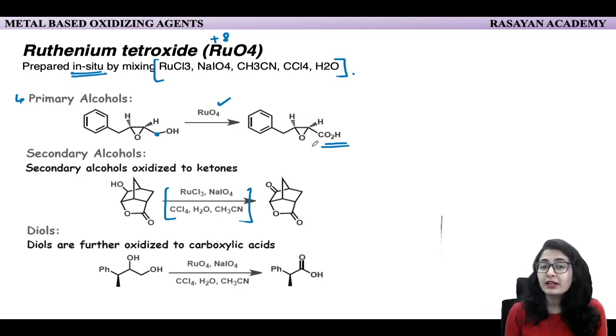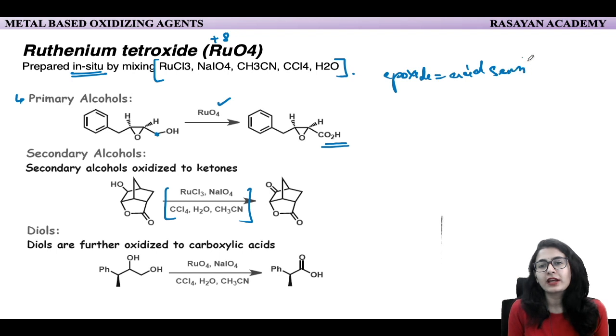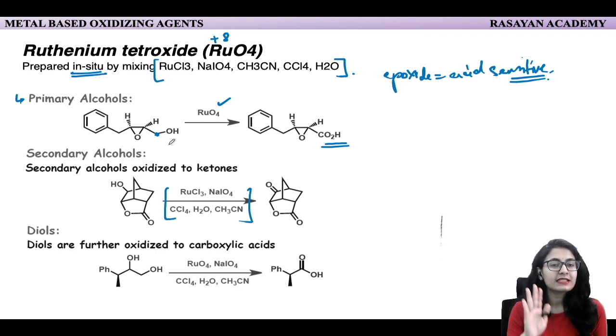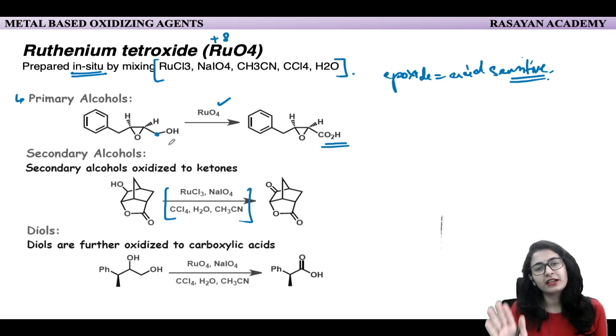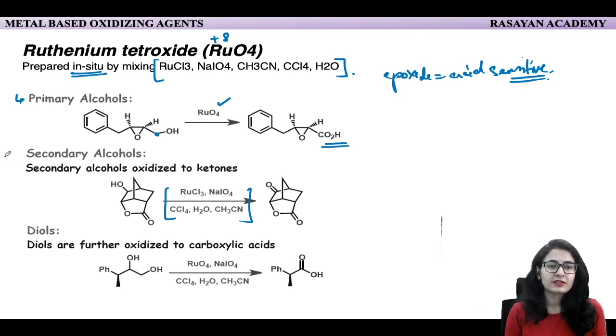So it's not reacting the epoxy group, which means that the mixture is not too acidic, because epoxide is an acid sensitive group. Always remember that epoxide is an acid sensitive group. If acid is not there then it will not be destroyed. So not a lot of acid is present to be able to destroy the epoxide. Hence it is tolerated. Tolerated means not affected by the ruthenium tetraoxide.